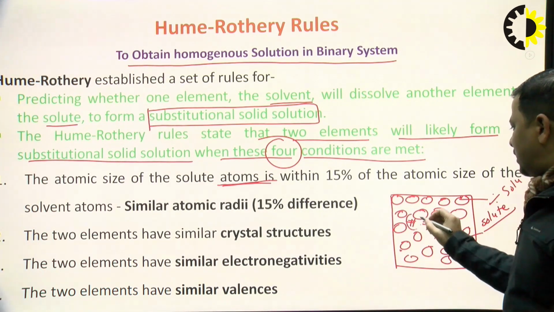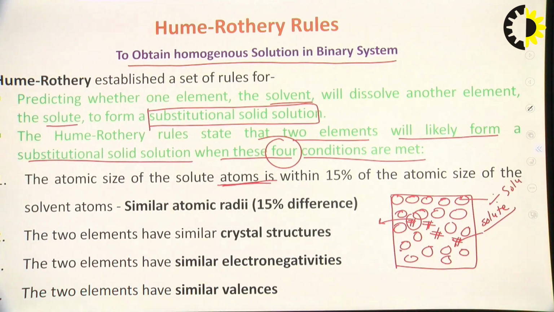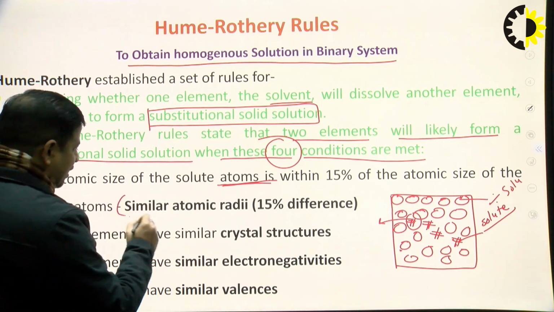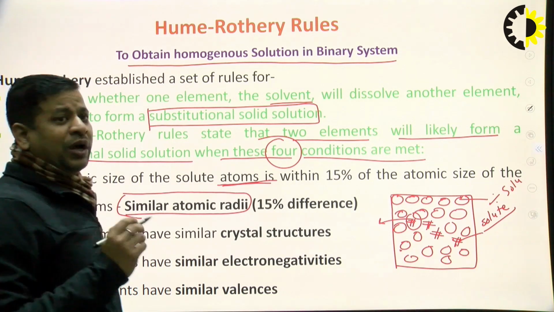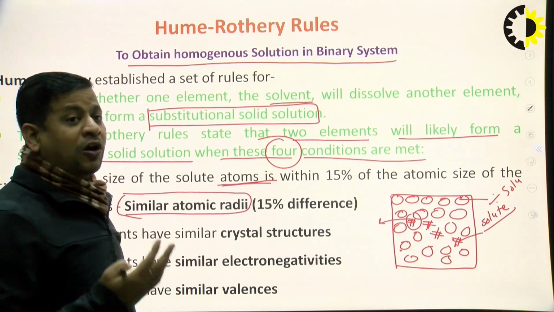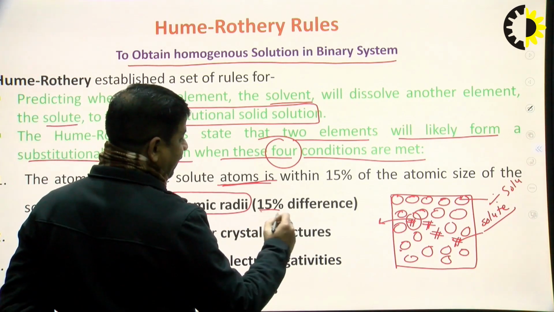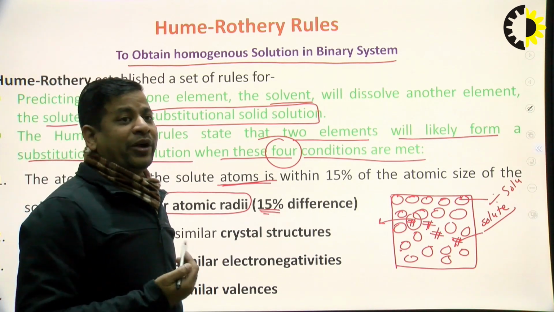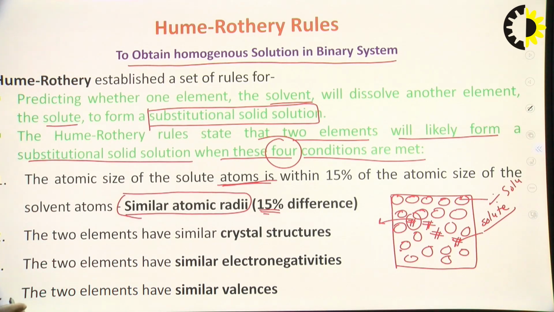So this size cannot be increased or decreased by more than 15% of that particular atomic size. We can also define this in a simpler way: similar atomic radii. If two elements have similar atomic radii, plus or minus 15% difference, and they are mixed, they will definitely create homogeneous solutions in a binary system.